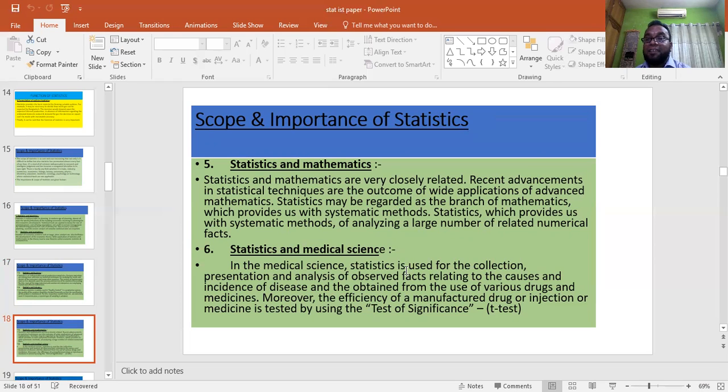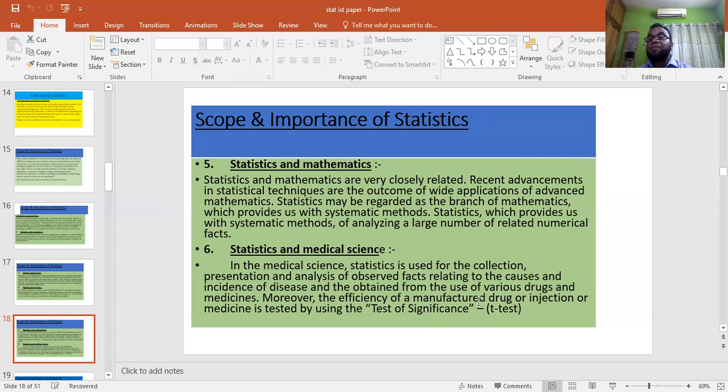Statistics and medical science. In medical science, statistics is used for collection, presentation, and analysis of observed facts relating to the causes and incidence of disease and the results obtained from the use of various drugs and medicine. Moreover, the efficiency of a manufacturer's drug or injection or medicine is tested by using tests of significance or t-test.